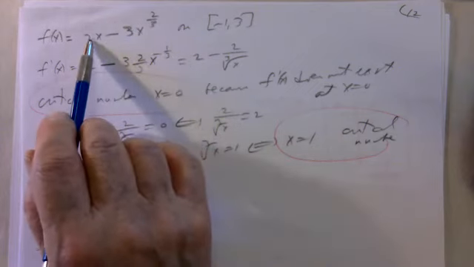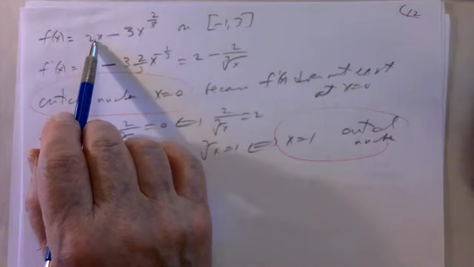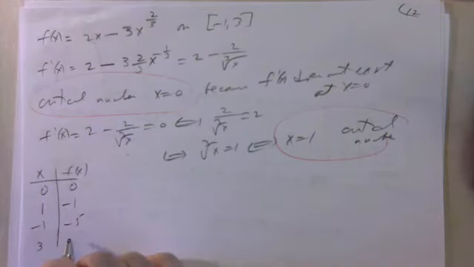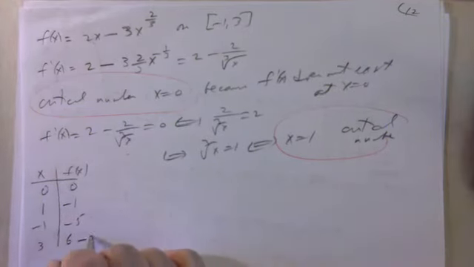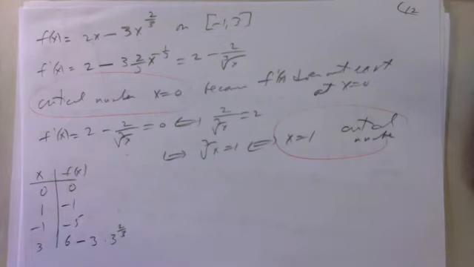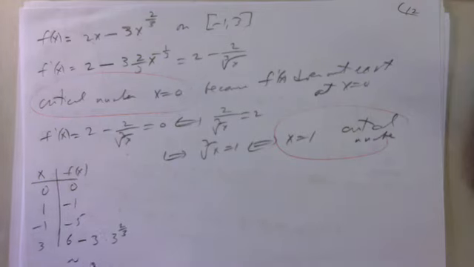So this is -2 minus 3, which is -5. And when x is 3, this is 6 minus 3 times 3 to the 2/3, which is approximately -0.24.